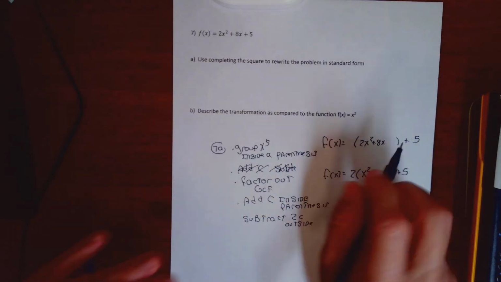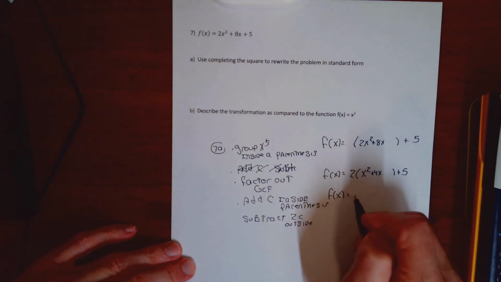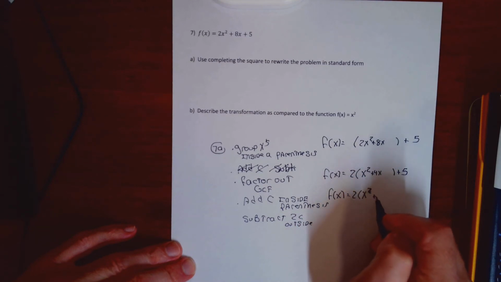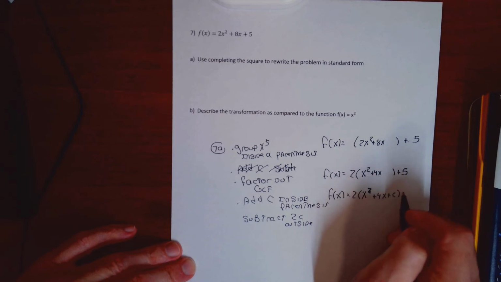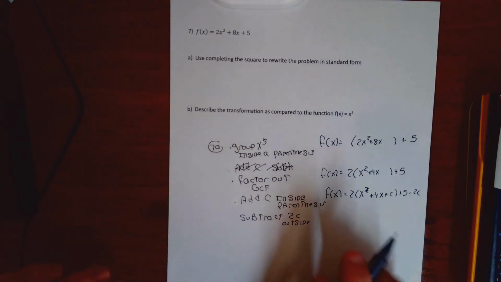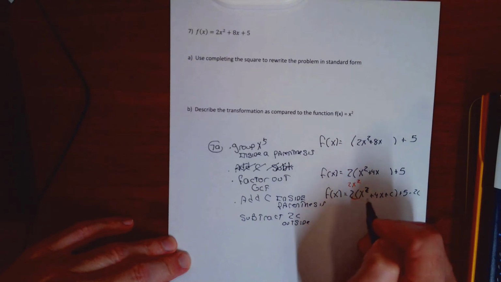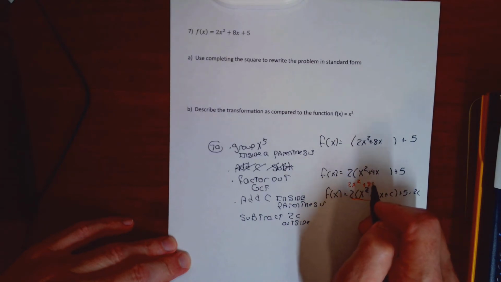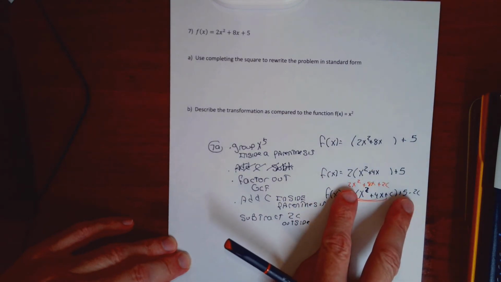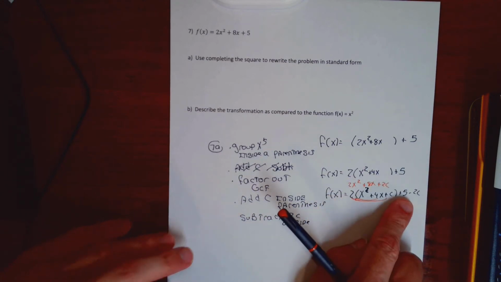The reason is when I go into this problem and I add a c inside the parentheses, if I was to clear the parentheses, I would get 2 times x squared plus 8x, and then I'd get plus 2c. And I need to keep this problem equal to the original problem. If I simultaneously add and subtract 2c, this would reduce to 2x squared plus 8x plus 5.